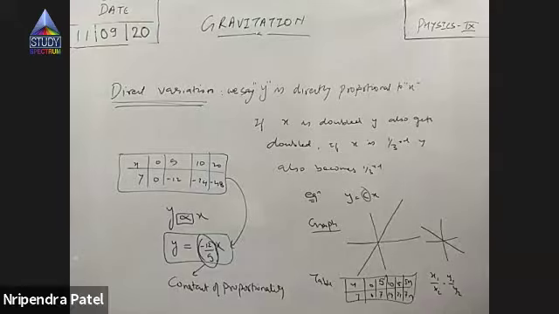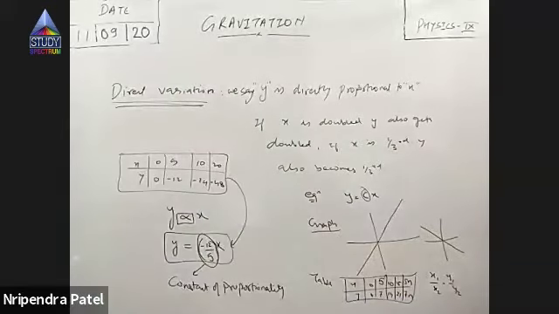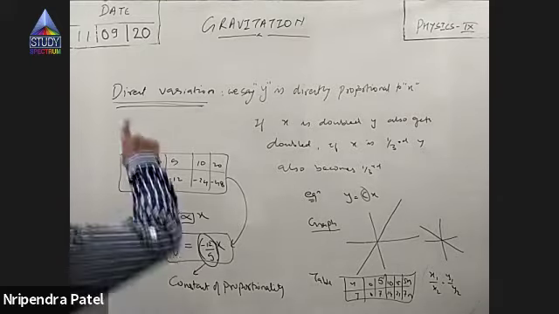Similar is the story of inverse variation. Now, just by your logic or instincts, can you say what is inverse variation? Using your logic, when do we say that the two quantities are varying inversely with respect to each other? This is direct variation.